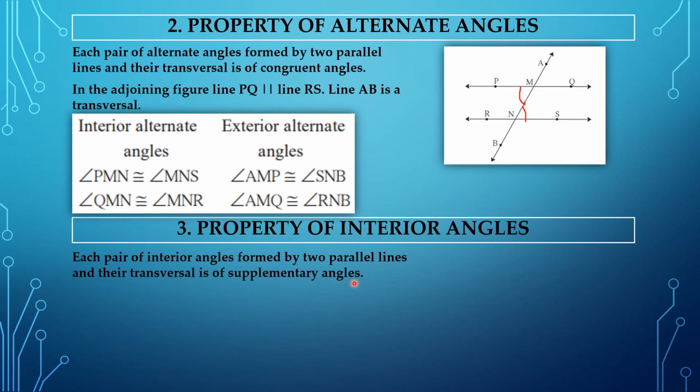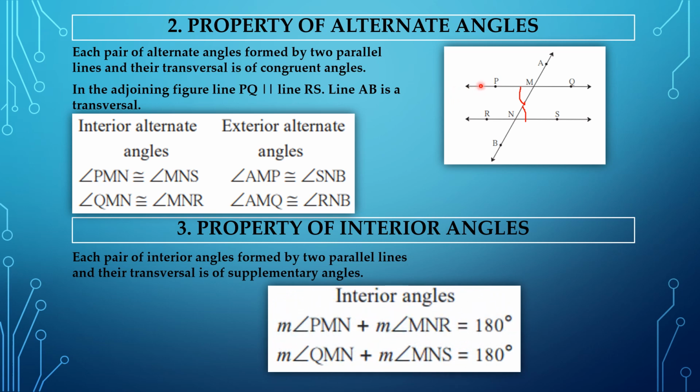Two angles whose measurements total 180 degrees. So it is said that each pair of interior angles formed by two parallel lines and their transversal is supplementary. In the same figure, angle PMN and angle MNR, these two angles are supplementary.